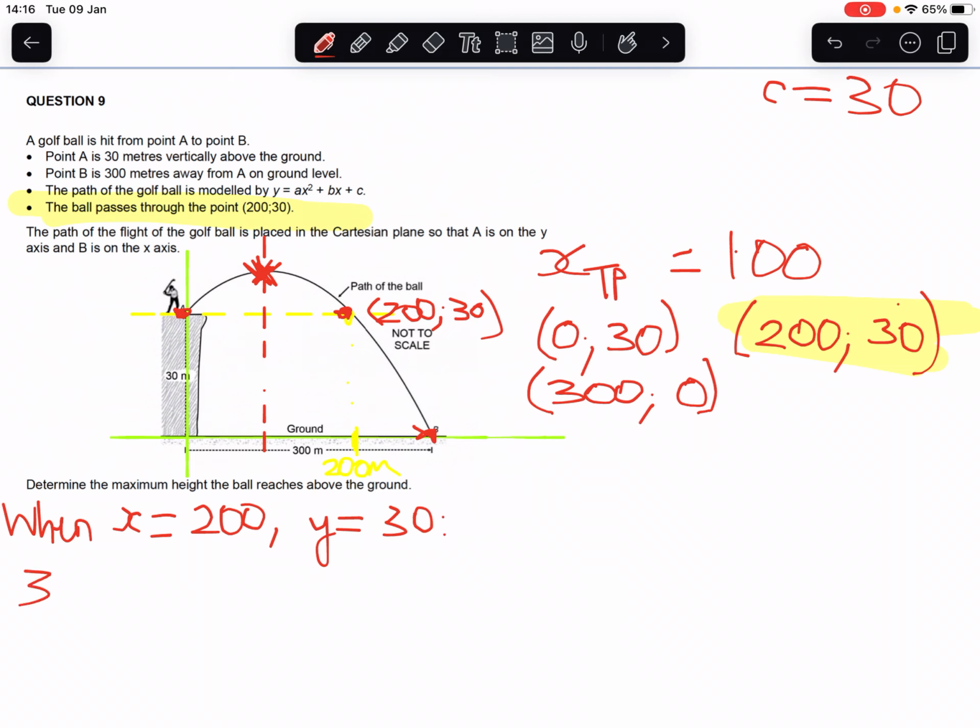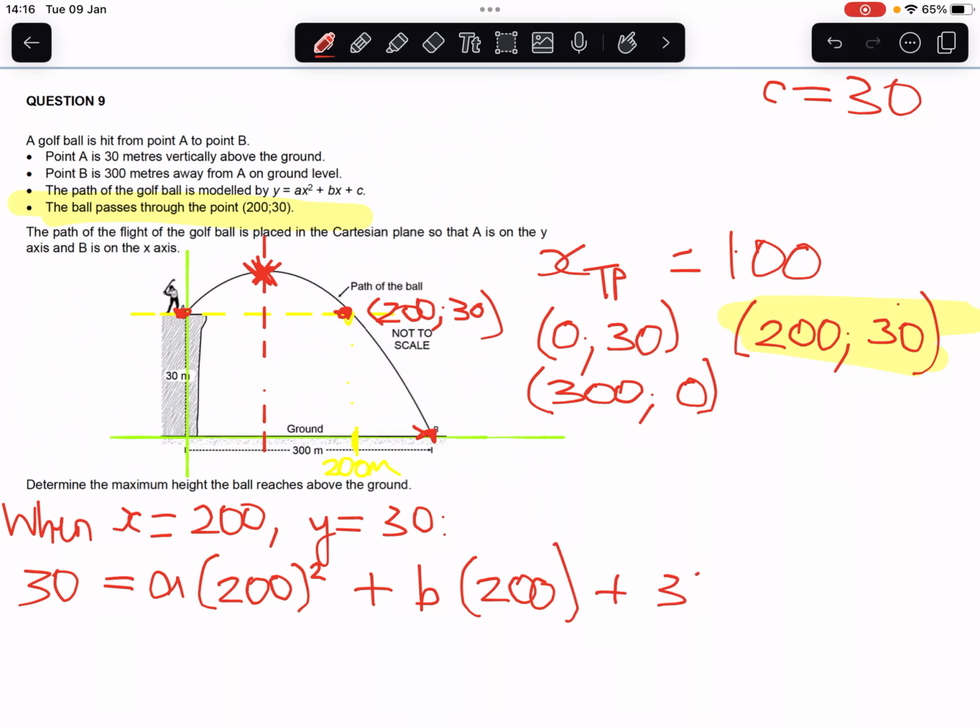We have y is equal to a times x squared plus b times x plus c, which we have found to be 30. There's a 30 on both sides here, so we can subtract 30 from both sides, and then we're just left with 0 is equal to 40,000a plus 200b.